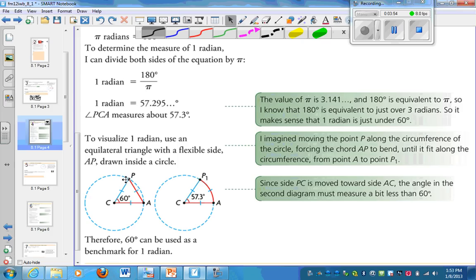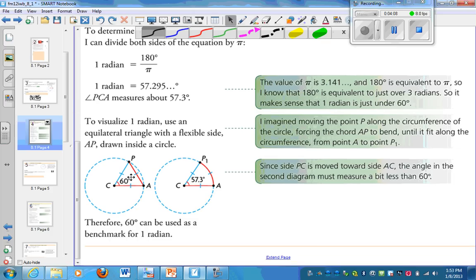So I've just moved it and bent it so it fits. So I can see that since PC is moved slightly down, the second diagram must measure a bit less than 60. So because those are close, because we visualized, okay, I just have to move it down a little bit to make that side length fit, I can use 60 as a benchmark, as a good approximation for 1 radian.